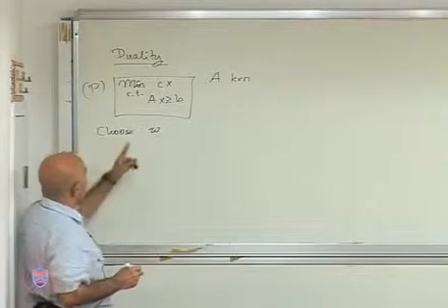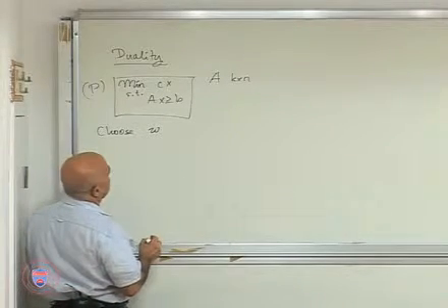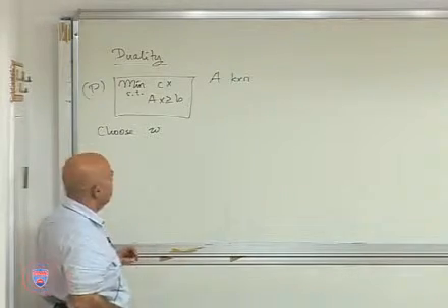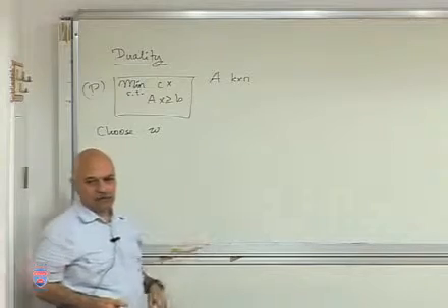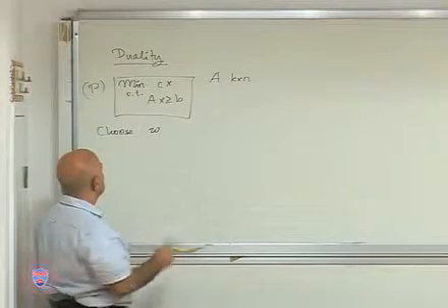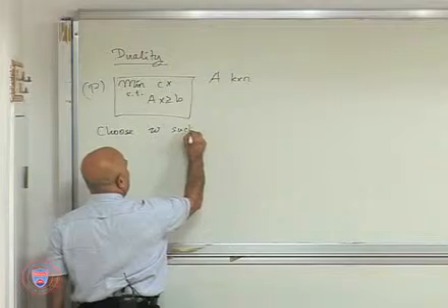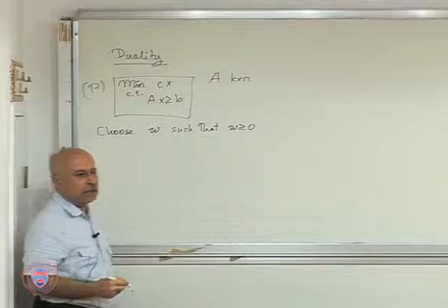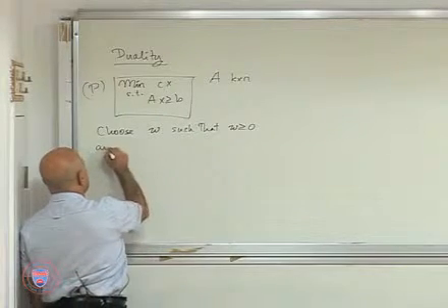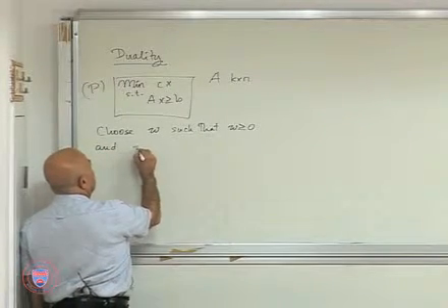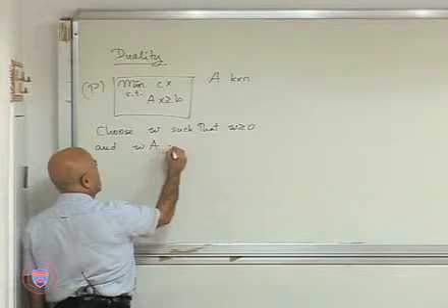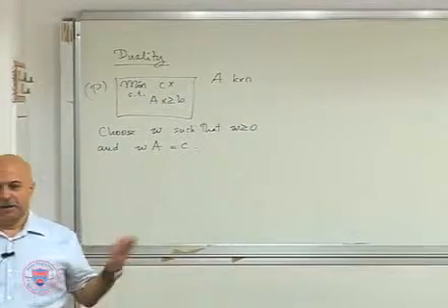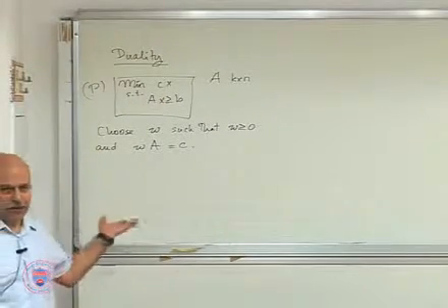And so we want to choose a W which has as many elements in it as a vector, row vector, as there are rows of the A matrix, okay? Such that W has non-negative components and W times A gives you C. This is how you choose your W. Of course, assuming that you are able to do so.